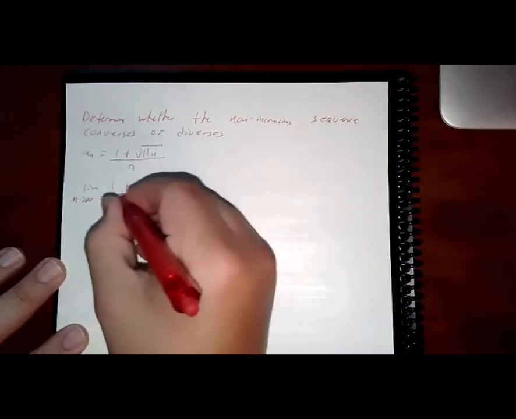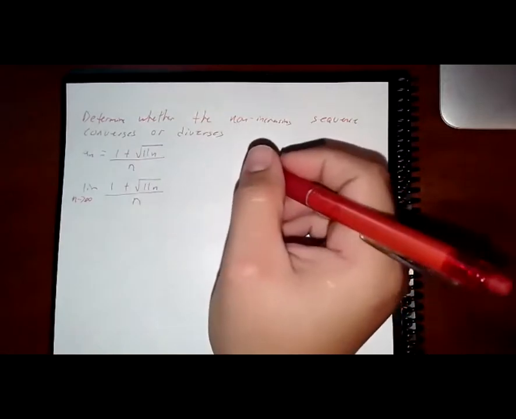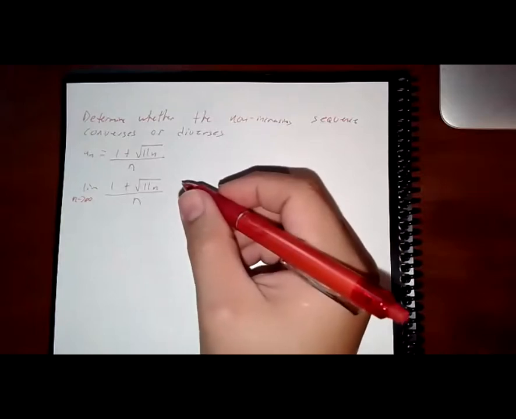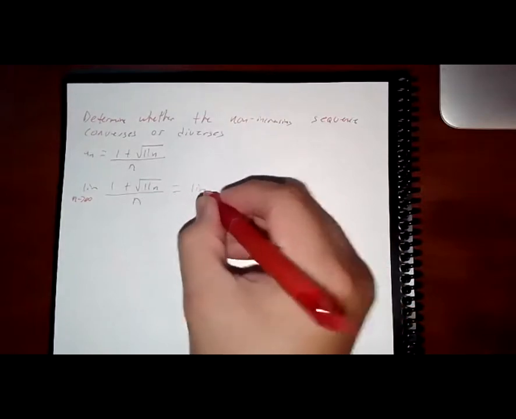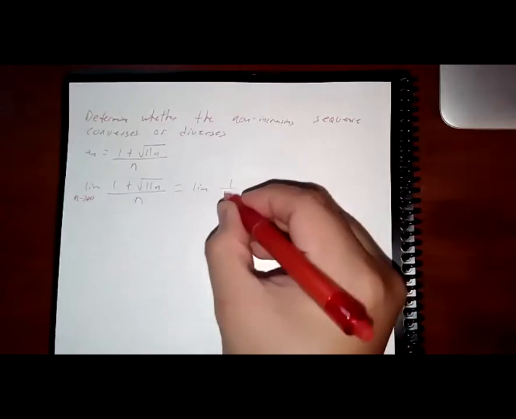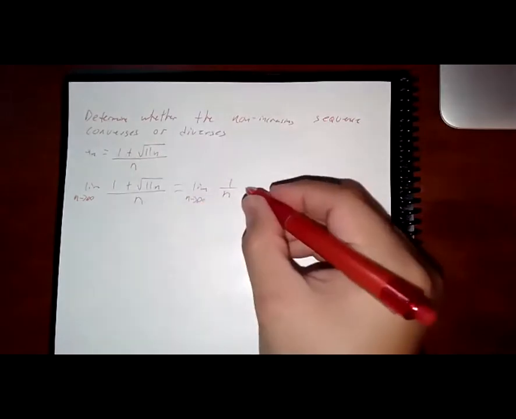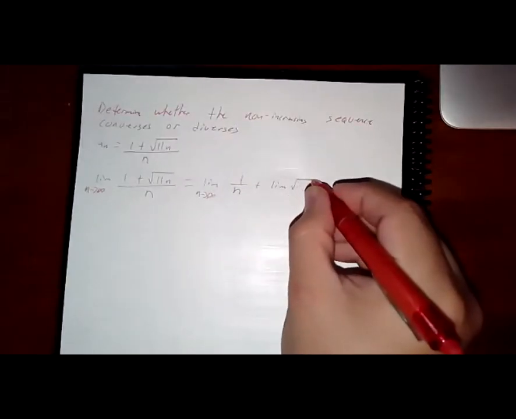11n over n. And then I put equals and I separated. I put 1 plus 1 over n plus 11 n to the half, the limit. I'm sorry for that. Yeah, you could do that.